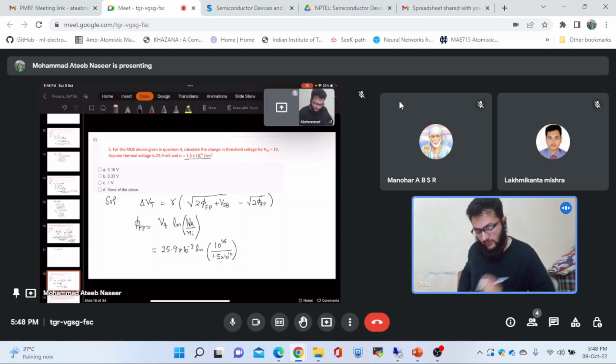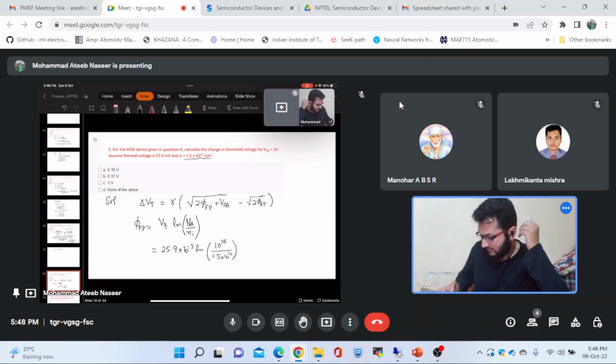Now let us solve this. ln of 10 to the power of 16 divided by 1.5 into 10 to the power of 10 is 13.4, times 25.9 into 10 to the power of minus 3.